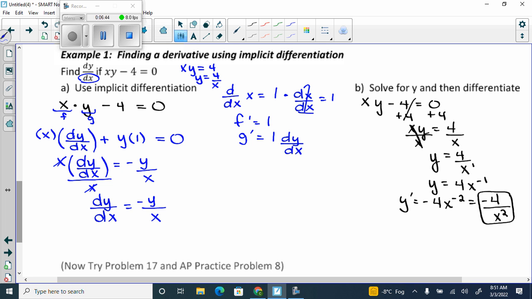Do you agree? So I can put a 4 over x in for the y. So I can go dy over dx equals negative 4 over x divided by x, which is the same as negative 4 over x, times 1 over x, which is the same as the answer over there.